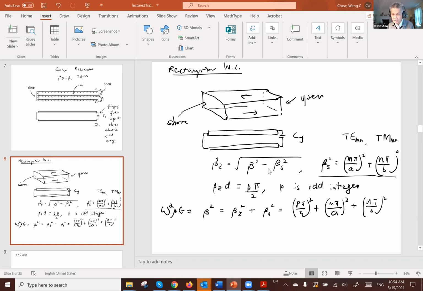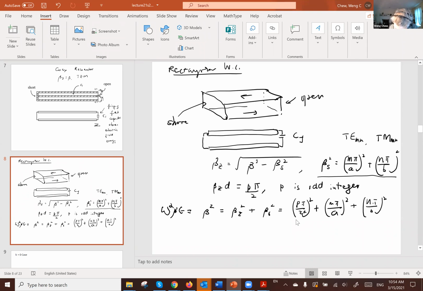Previously, when we had a waveguide problem, we could pick the eigenvalues, then beta Z could be given by this equation, but beta Z was free to be anything that we choose to have as a wave traveling in a rectangular waveguide. But for the wave to resonate, to have constructive interference when it bounces back and forth, you can only have this value of beta Z. And when you put in this value of beta Z, this should be a D here, I'm sorry.